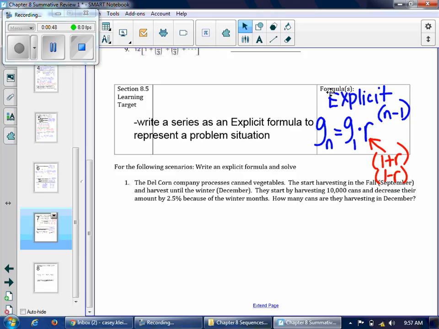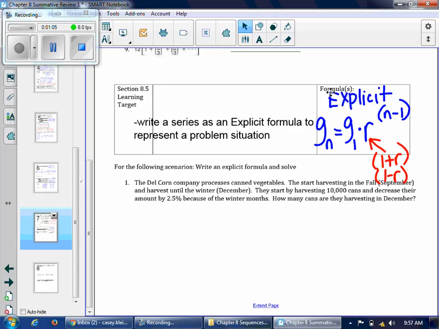Okay, remember that R can be increasing or decreasing. So if the problem situation is increasing, you need to use the form 1 plus whatever the rate is. If it's decreasing, you need to use 1 minus the rate. Let's go ahead and try this.